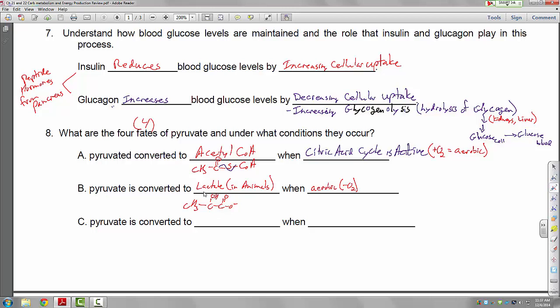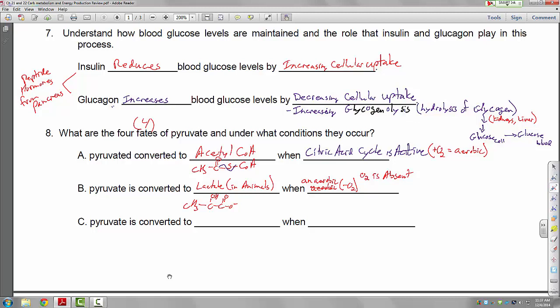Pyruvate is converted to this lactate under anaerobic conditions. So when oxygen is absent, we talked about a number of different ways in which oxygen might be absent.